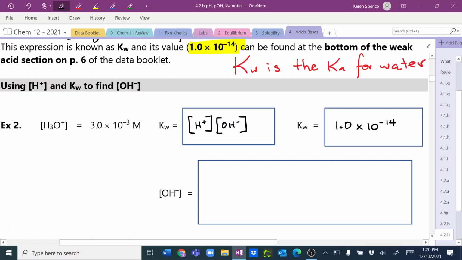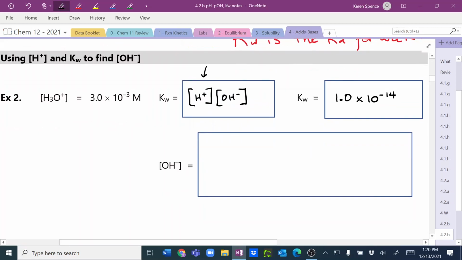Excellent. Could we rearrange this formula to solve for OH minus? Yep, what would we get? What would be on the top? KW. And on the bottom, H plus.